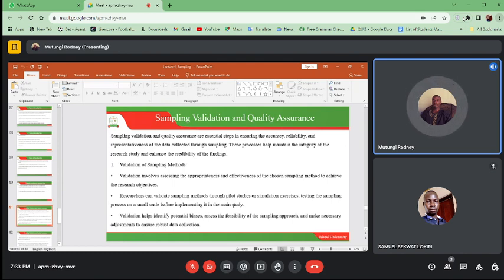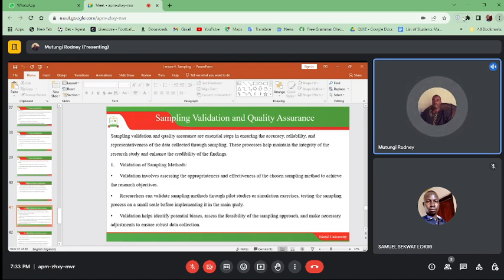So pilot studies are done before the real study. In pilot studies, you go there. You can go to a few selected households. For example, if you're targeting 100 households, you can go to maybe 10 and you see how your sampling is working out. Then in simulation, you do not have to go there.